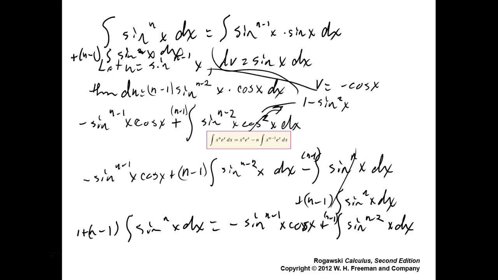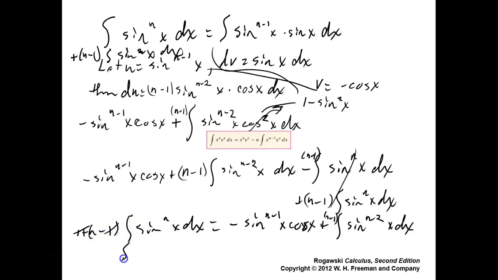Now we have a recursive relation. Well, one exception. You need to divide both sides by 1 plus n minus 1, which basically is dividing by n, because 1 minus 1 goes to 0, so this is dividing by n.